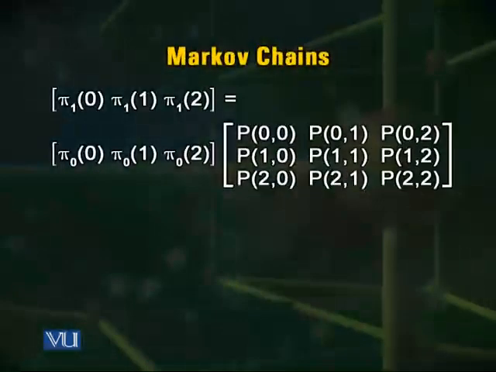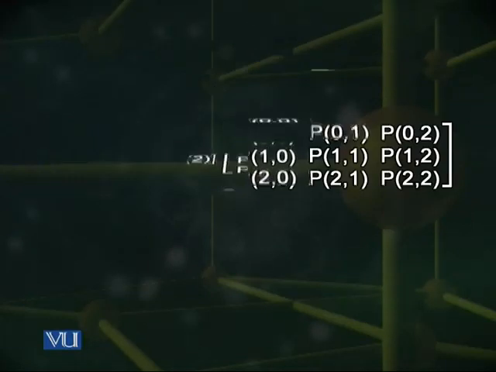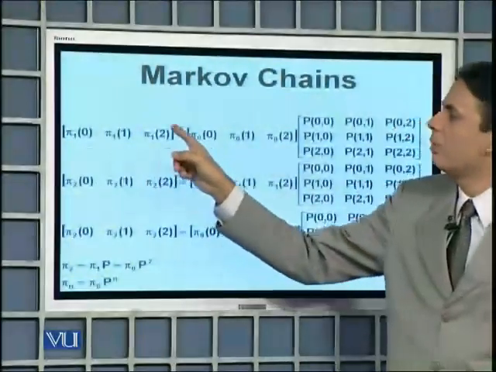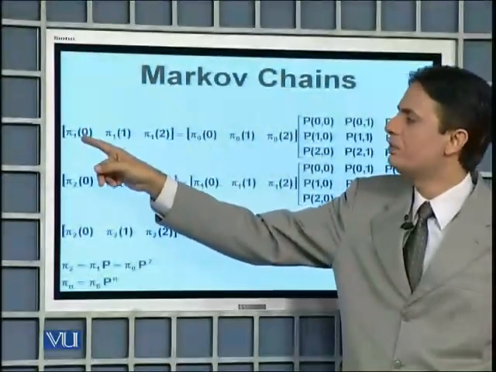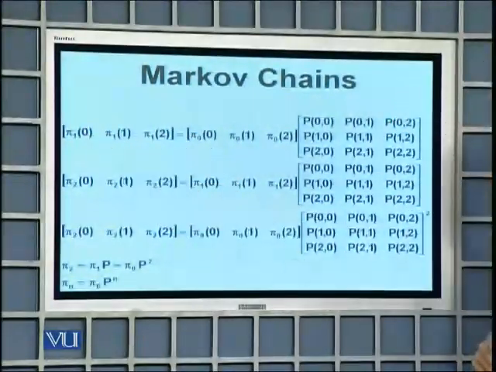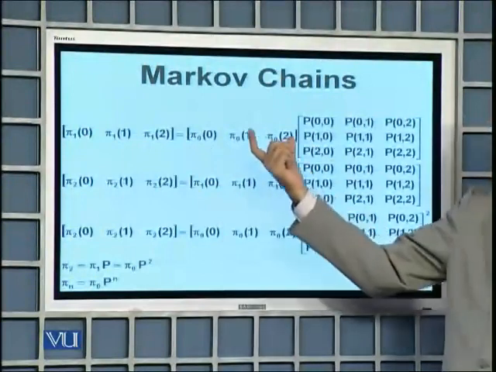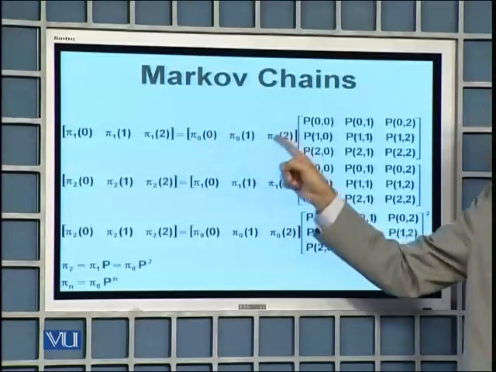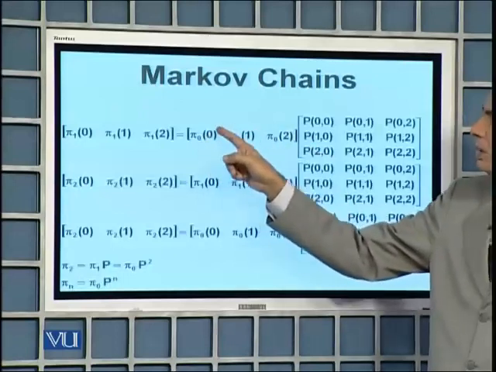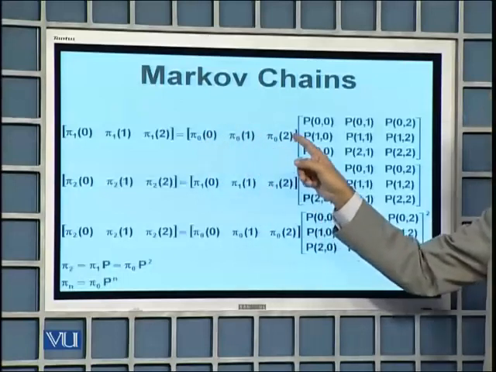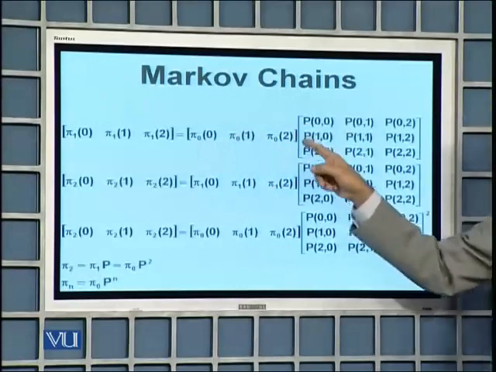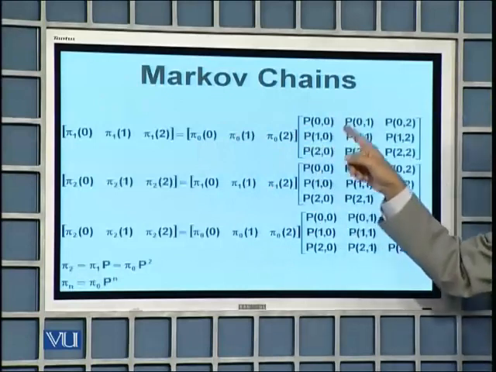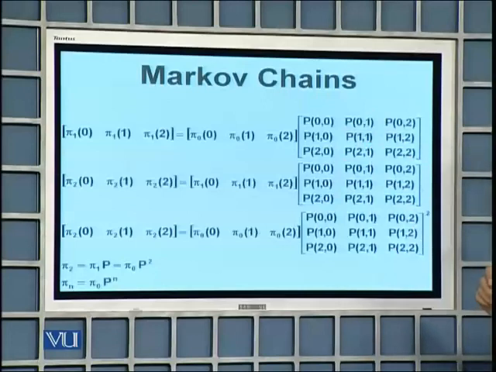For example, if you want to find the values of this vector pi 1 0, pi 1 1, pi 1 2 representing the probability distributions at the first sampling instance, then you can find this as the result of multiplication of the initial probability distribution vector pi 0 0, pi 0 1, pi 0 2 by this P, the matrix of transition probabilities.